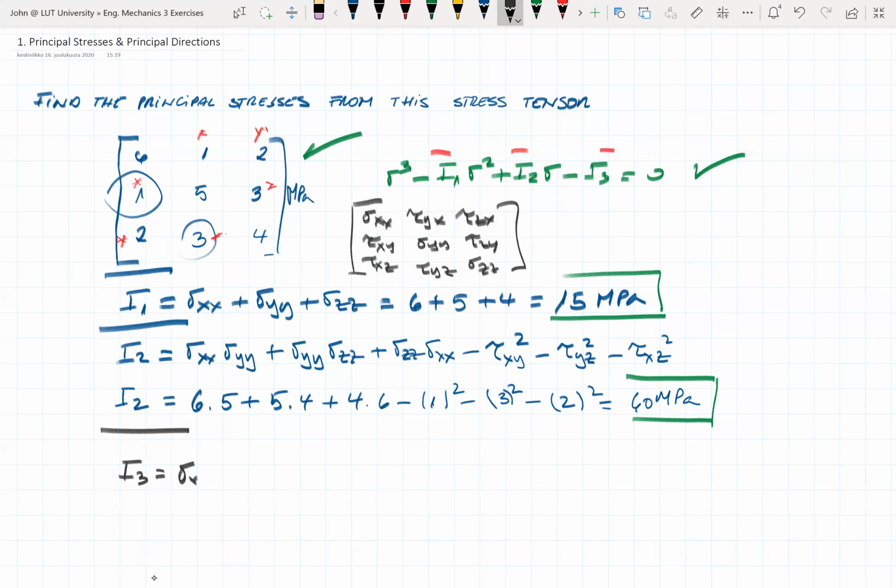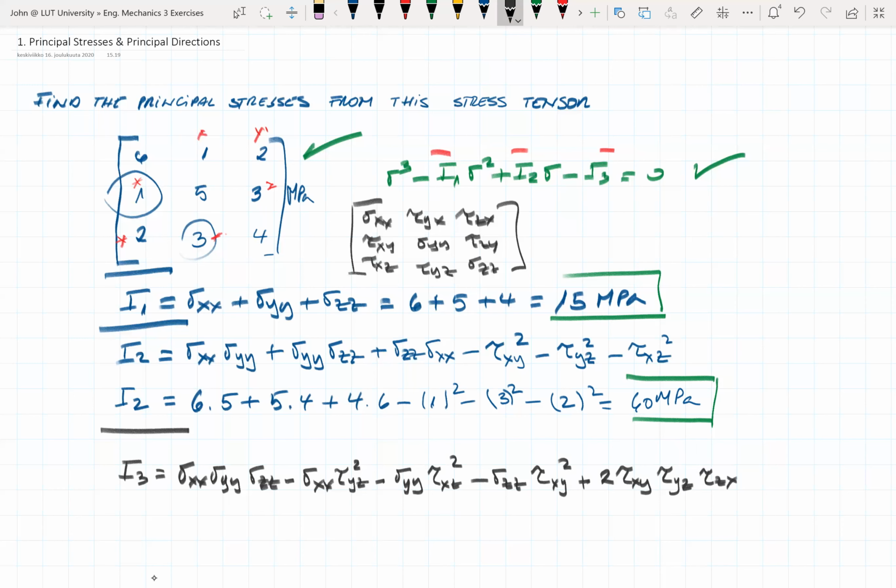The formula is going to be sigma xx times sigma yy times sigma zz minus sigma xx tau yz square minus sigma yy tau xz square minus sigma zz tau xy square plus 2 tau xy tau yz tau zx. Good.